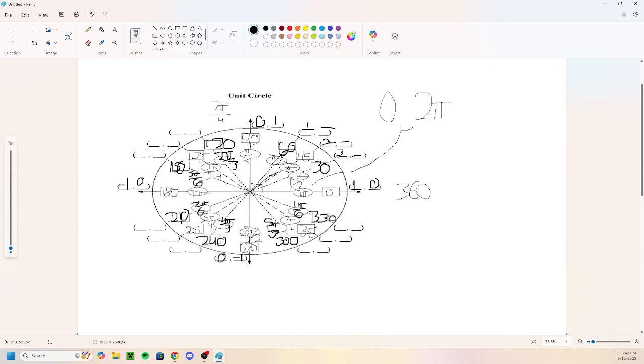You can do the same on this side too. 3, 2, 1, okay? And on the other side, you would do the opposite. So it would be 3, 2, 1, and then 3, 2, 1. All right?